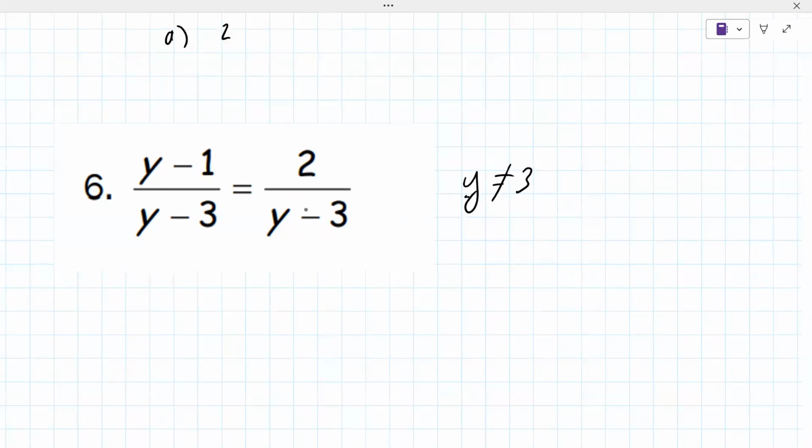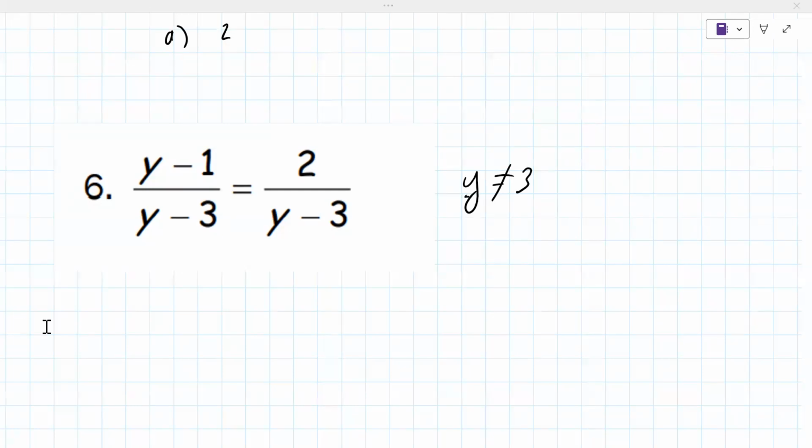They have the same denominator. Yes, that is helpful. If you got rid of the denominator and then did +1 on each side, it would be y equals 3, but it says y doesn't equal 3.